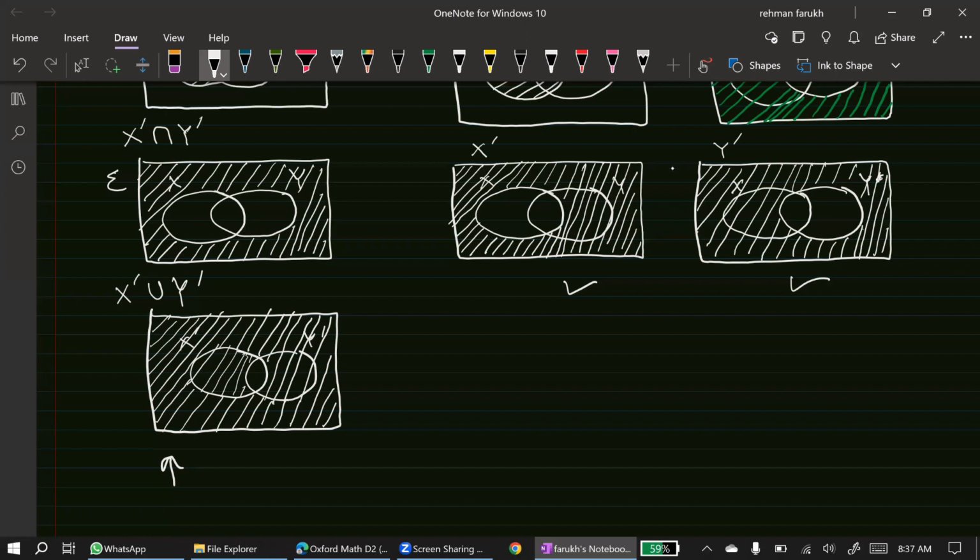Yes, we will draw separate diagrams for each set, and we will shade the regions for X dash and Y dash. And then we will think which portion is common or which is the union of the two portions.